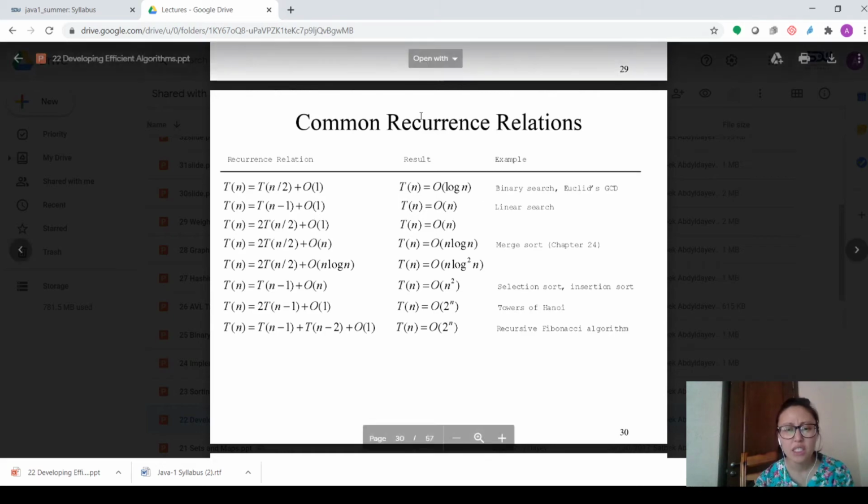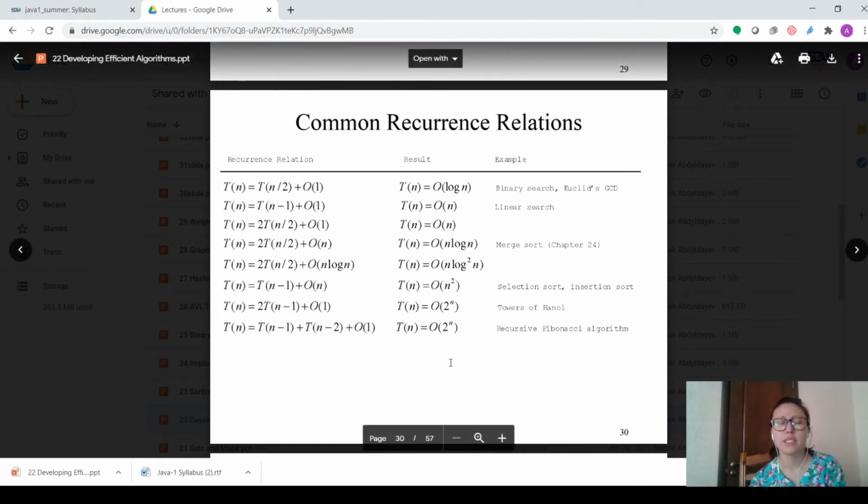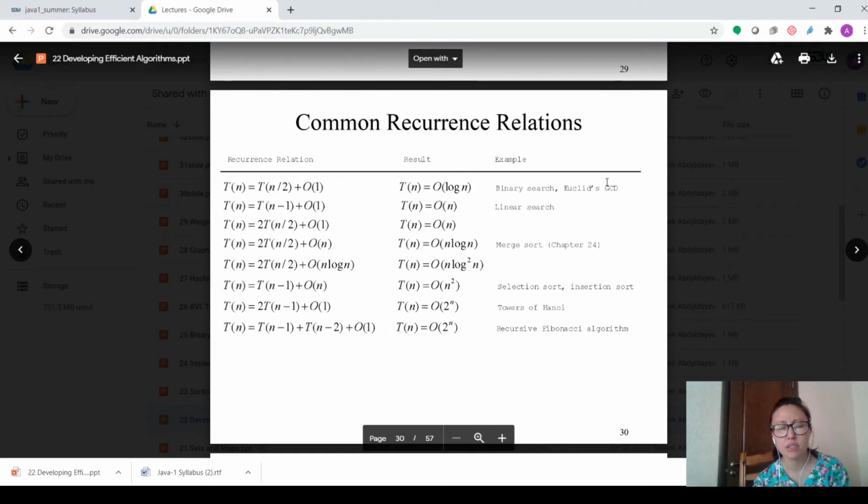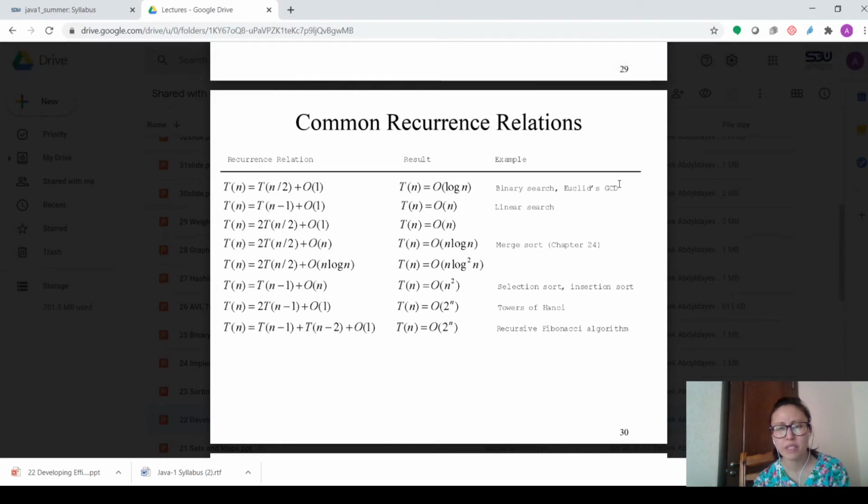And here are common recurrence relations, the common times that are spent for some types of algorithms. Binary search and Euclid's greatest common divisor take log n time. For linear search, it takes O(n) time.